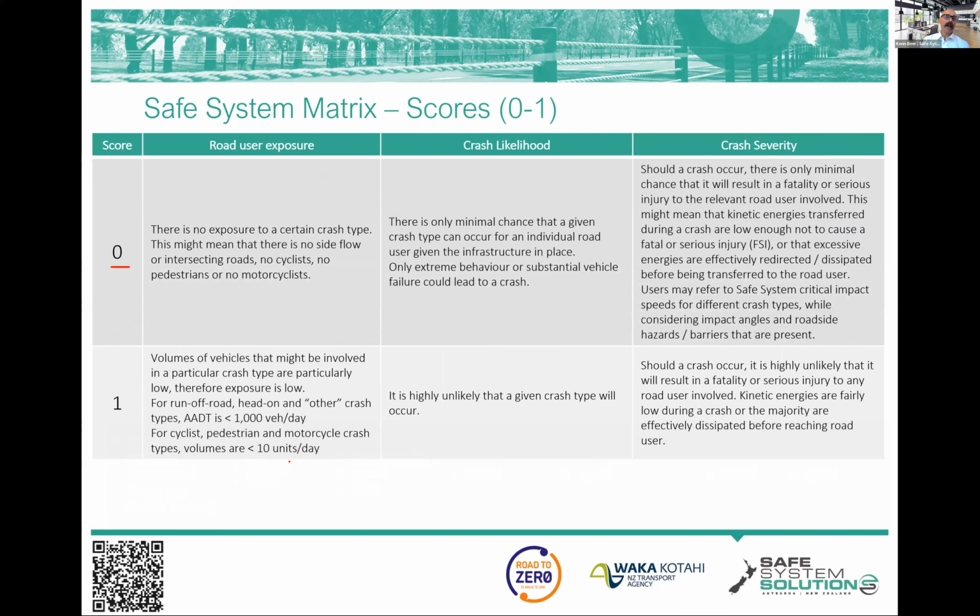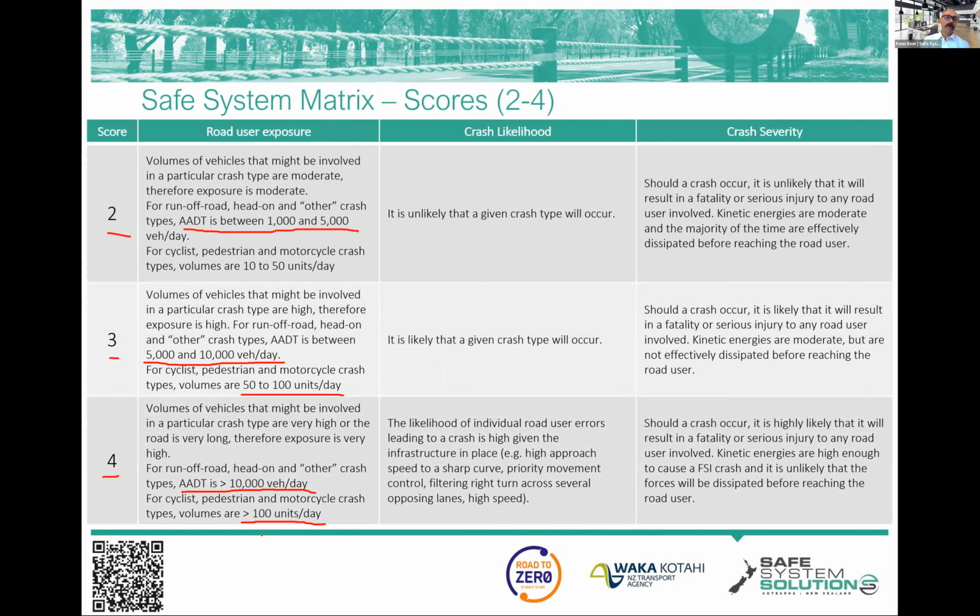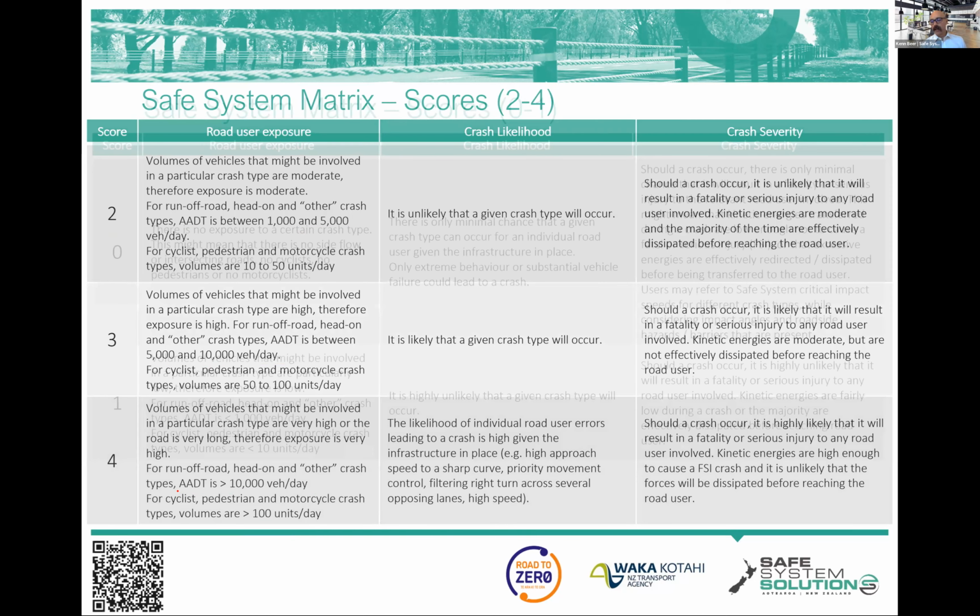It might then be a 1, somewhere down around 10 people a day in the area, or it might be very busy, up at around 100 units per day. Now, 100 is not a lot, and so a lot of urban areas get that. Certainly your town centres and any city environments are triggering a 4 for pedestrians in terms of exposure.